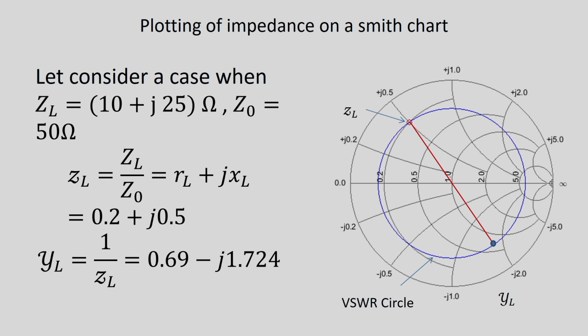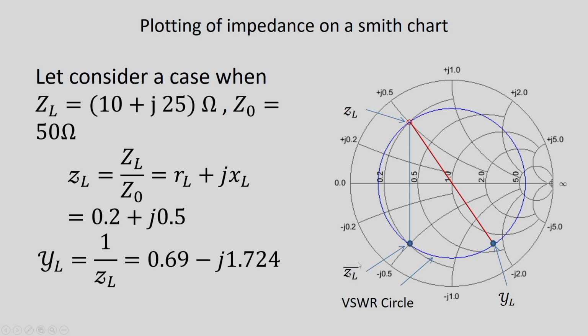Similarly, if we drop a line from here intersecting this axis, then the point where we touch the constant VSWR circle will give the conjugate of ZL. So, in this Smith chart, starting from a load point, we can plot YL, and we can plot ZL bar.